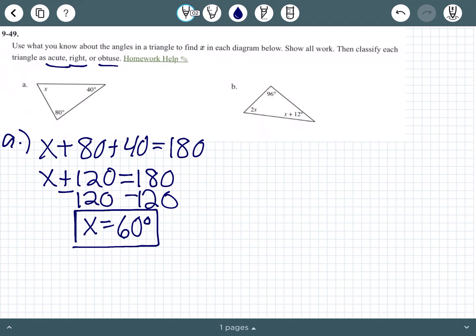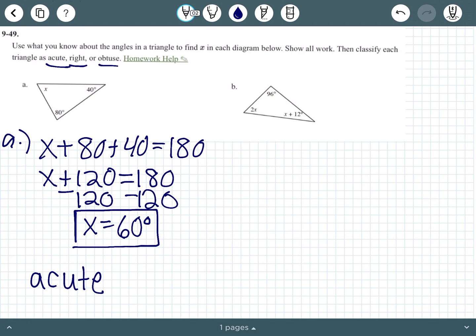And we do not have a right angle at all in this triangle. So it's definitely not a right triangle. So that would leave us with acute as the only type it could be. And it is acute because all angles are less than 90 degrees.